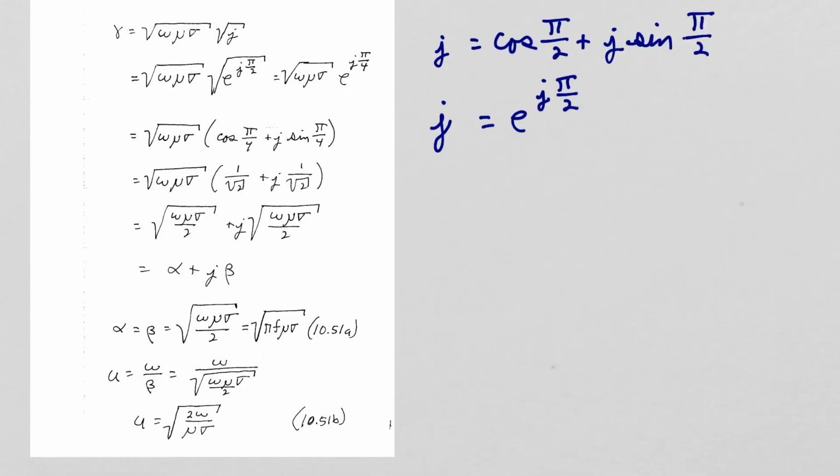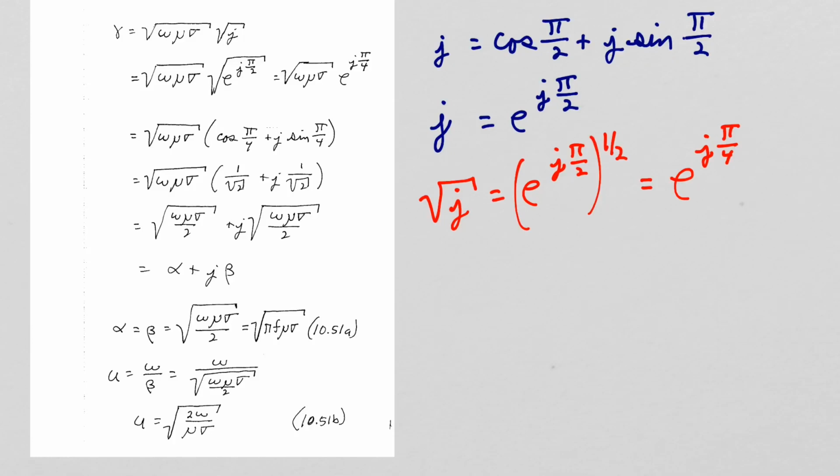We can write j as cosine of pi over 2 plus j sine of pi over 2 because the cosine of pi over 2 is 0 and the sine of pi over 2 is 1. So j can be rewritten as e to the j pi over 2 using Euler's identity.